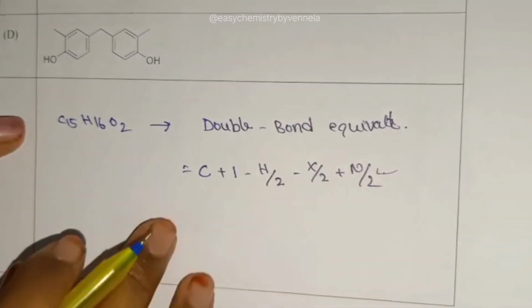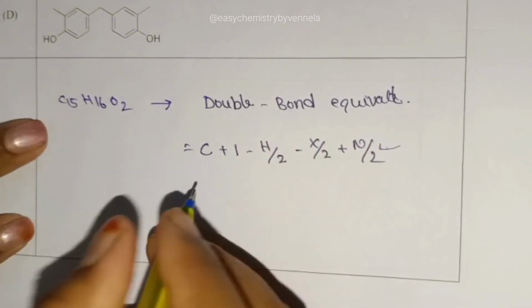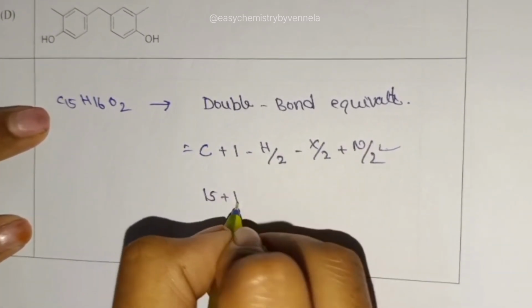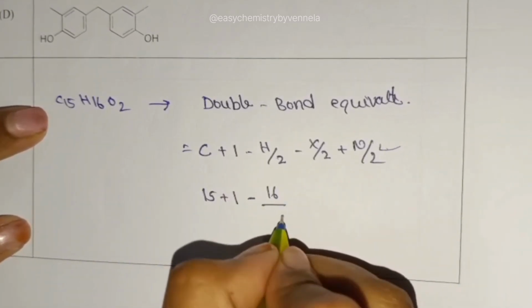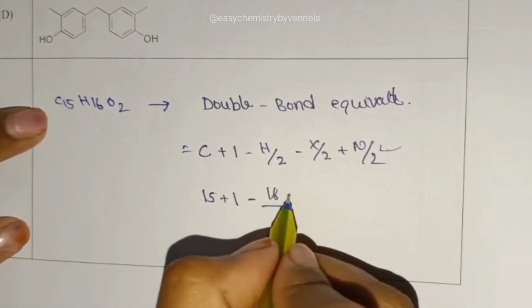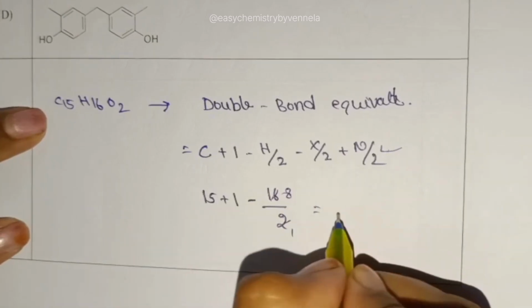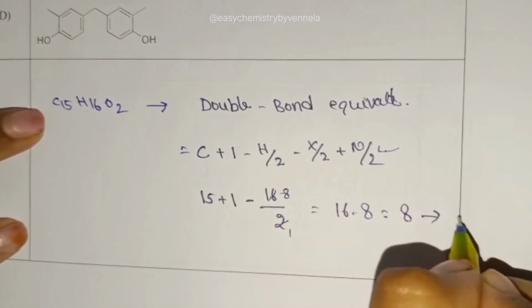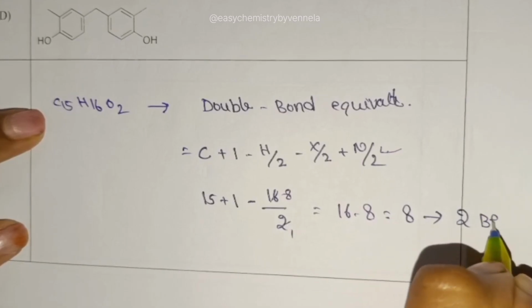You can neglect this because here there is no nitrogen. So how many carbons are there? 15 plus 1 minus 16 by 2. 16 minus 8, that means 8. That means 2 benzene rings will be present.